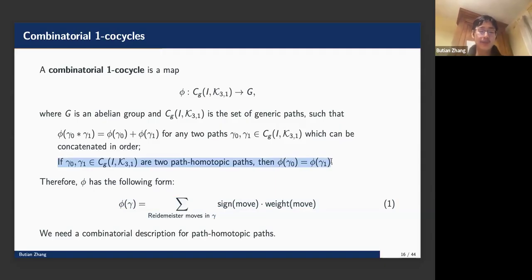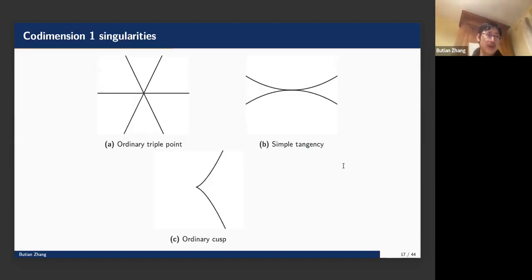How do we describe two path homotopic paths combinatorially? If we know this, then just as we construct knot invariants by Reidemeister moves, we can construct one cocycles. To give a combinatorial description, we need some analog of Reidemeister moves, which we shall call the higher Reidemeister moves for the generic paths in this space.